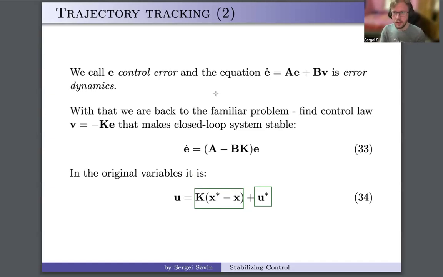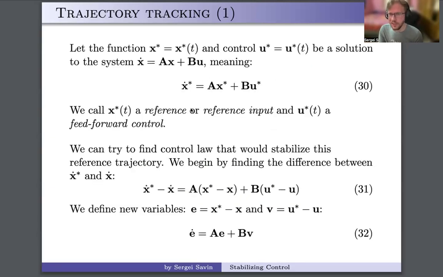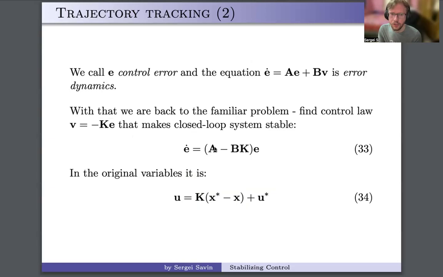Okay. Now, what I showed you was a little bit fast. If you want, next time we can go through it slower. But at the end of the day, this is what you do with trajectory tracking in linear control. You simply introduce a reference in this form, new variables. You stabilize exactly the same system that you would have stabilized for any control task.